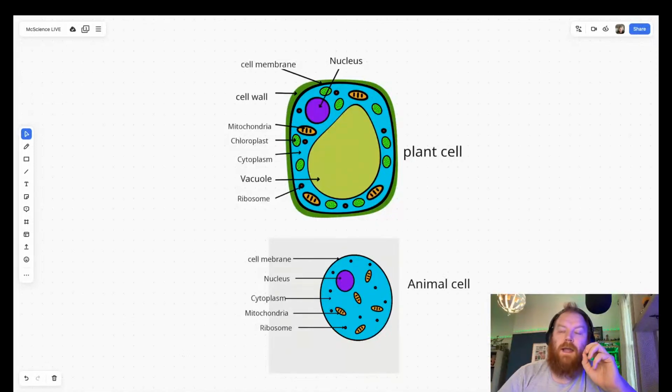And when we're then looking at fungal cells, they can be single cellular or they can be multicellular. And an example of these single cellular would be yeast.